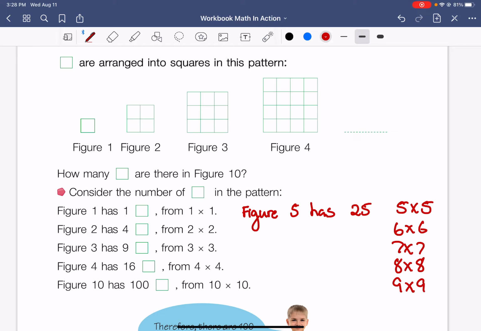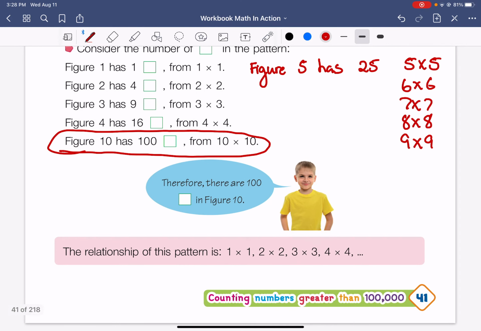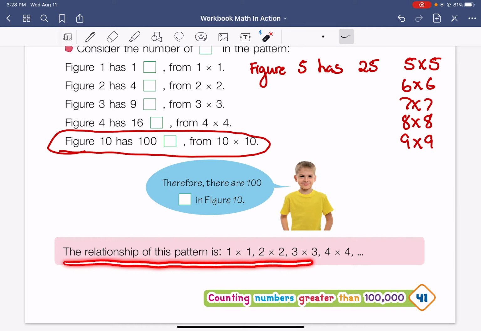Right? That's how we know figure 10 has 100, from 10 times 10. Therefore, there are 100 tiles or squares in figure 10. The relationship of this pattern is 1 times 1, 2 times 2, 3 times 3, 4 times 4.